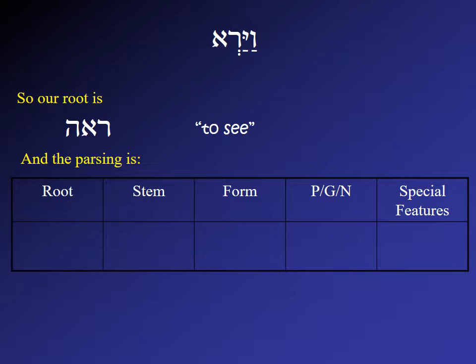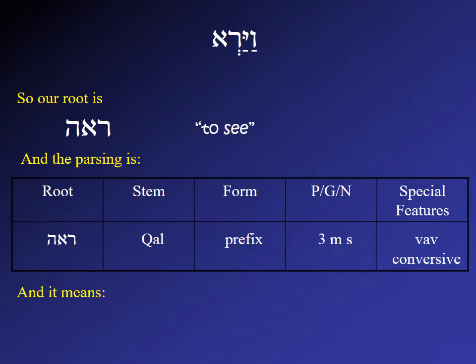So if that's true, then our root in this case is ra'ah, resh aleph hey, which of course means to see. So if we want to parse this form, then we are looking at ra'ah, qal, prefix, third masculine singular, vav conversive, which means and he saw, vayar.